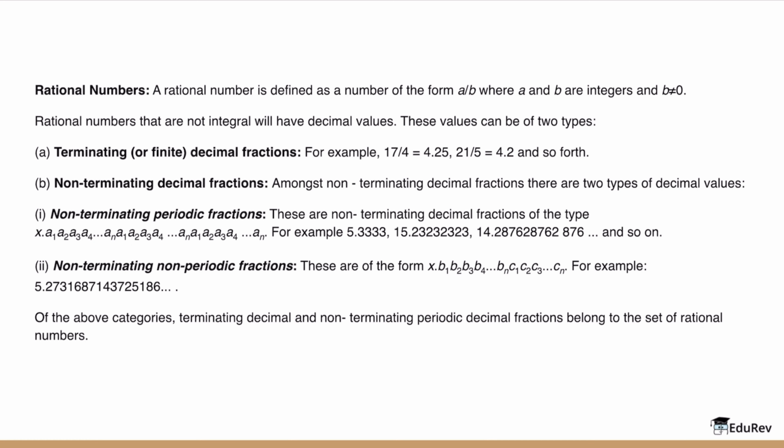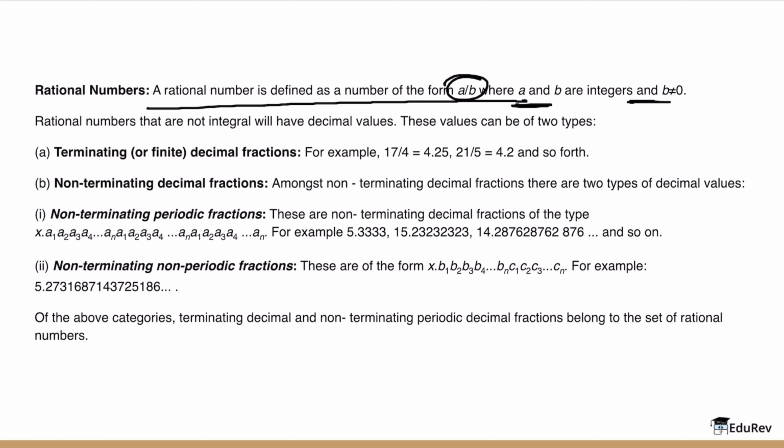Before that, we have the concept of rational numbers and irrational numbers. So before that, let's see what rational numbers are. A rational number is defined as a number of the form A by B, where A and B are integers and B is a non-zero number.